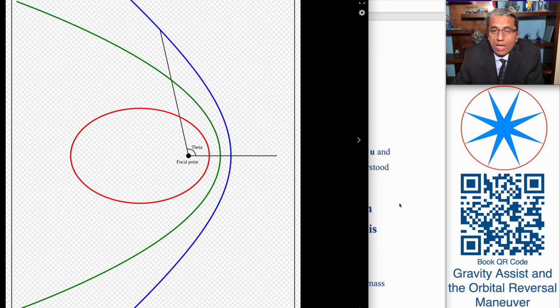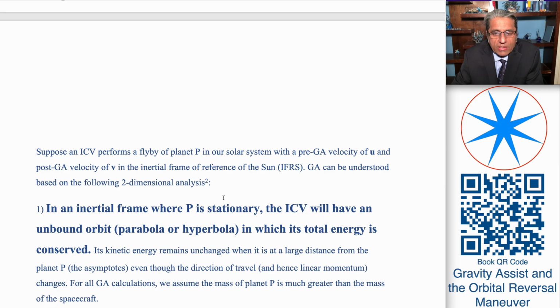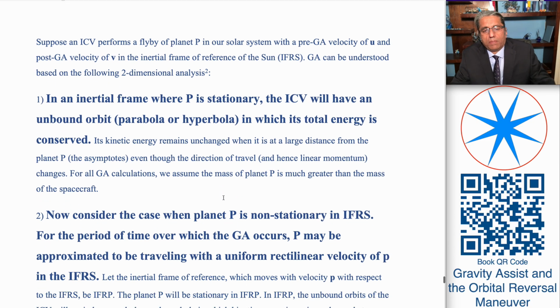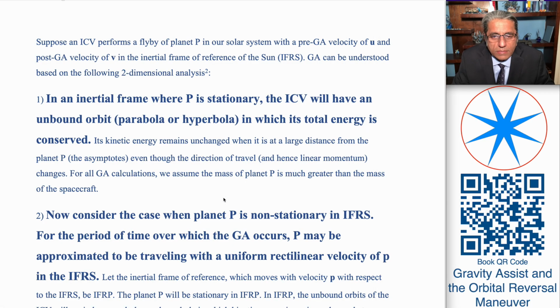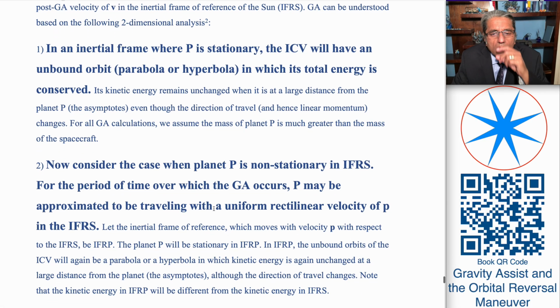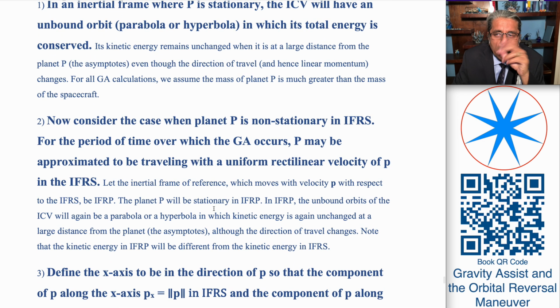So when you think of gravity assist, how do you analyze it?